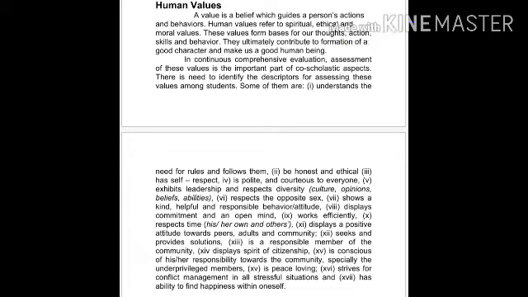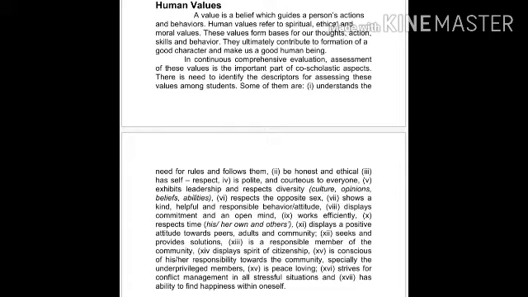In continuous comprehensive evaluation, assessment of these values is an important part of co-scholastic aspects. There is a need to identify the descriptors for assessing these values among students.